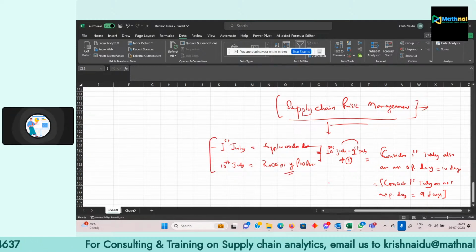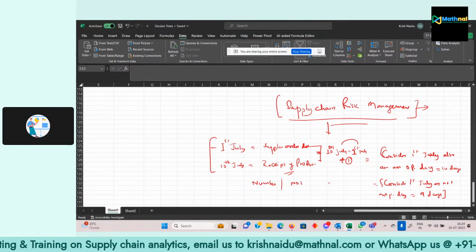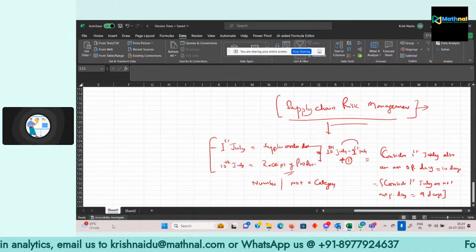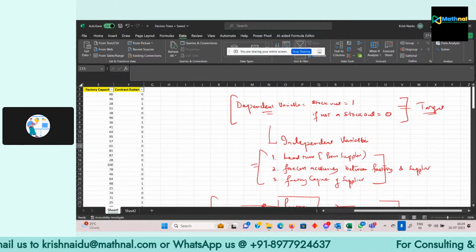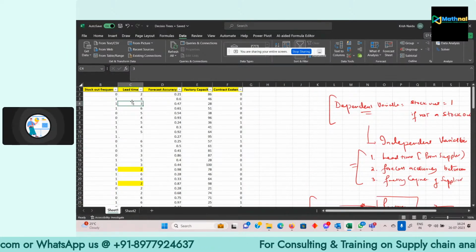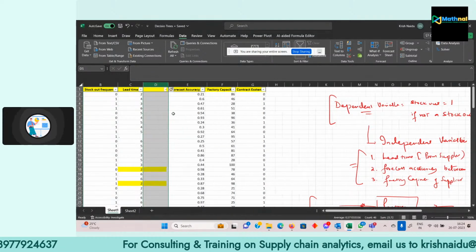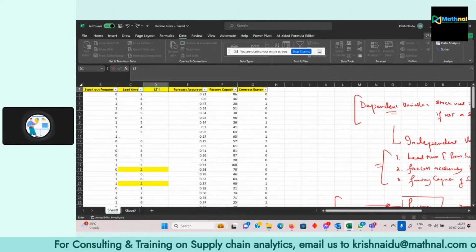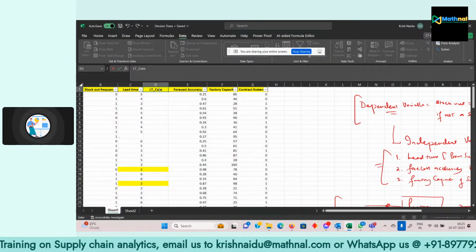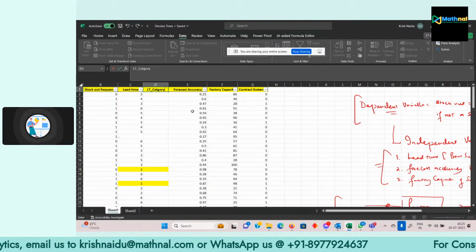So this is not a category. This is a number, unlike the dependent variable, which is our stock out rate. So what I will do is convert this lead time into a category. I'll write LT underscore category, and I'm doing this so that I can make the entropy calculations based upon category.